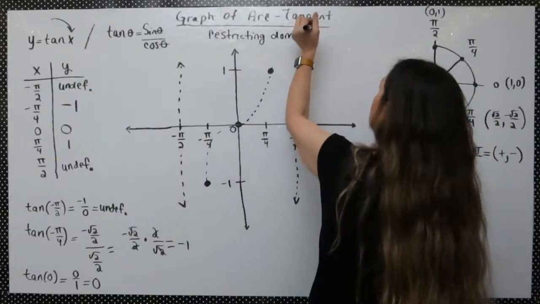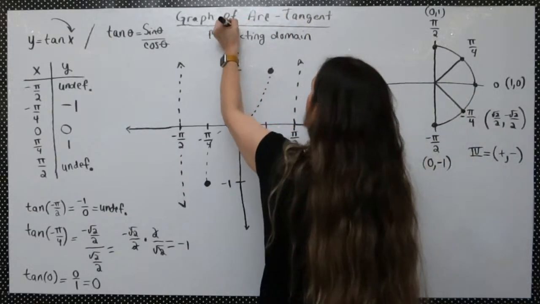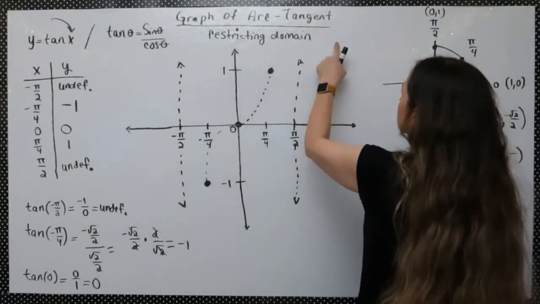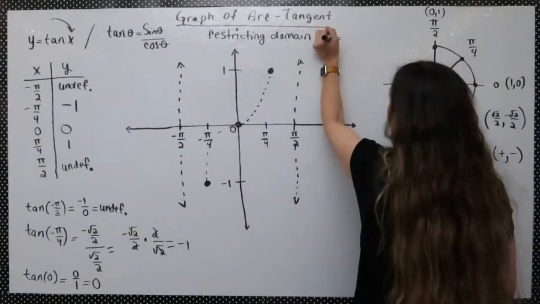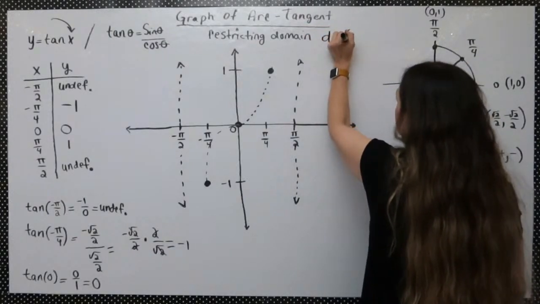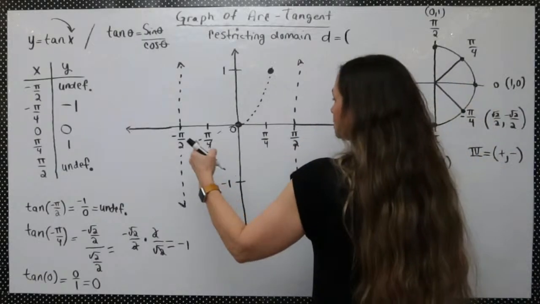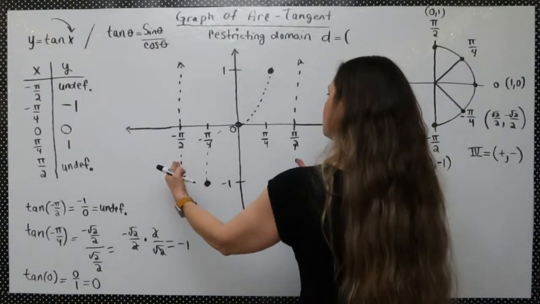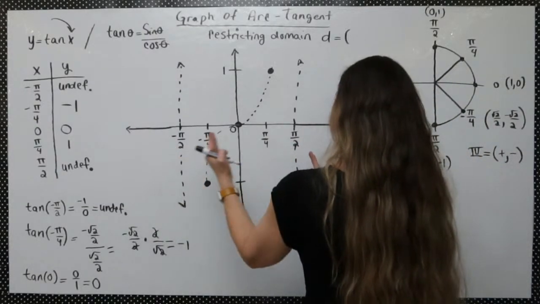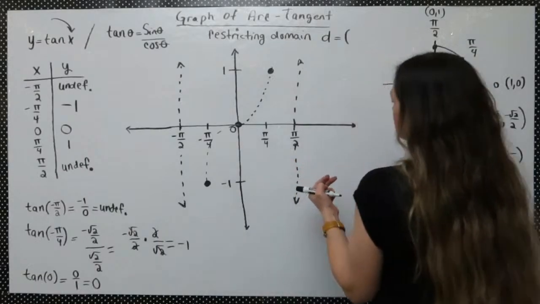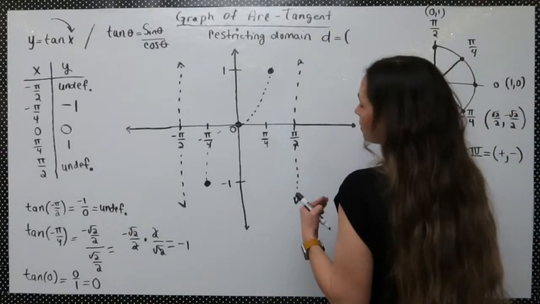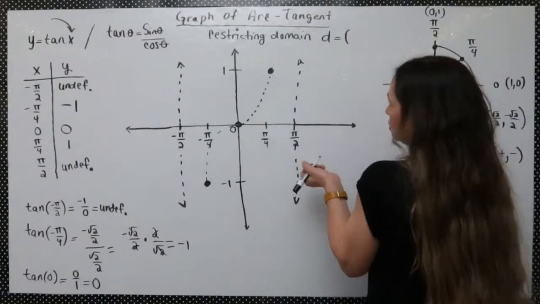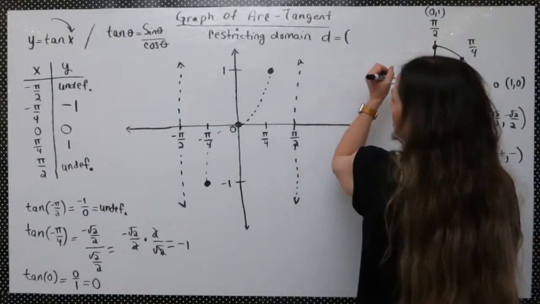So we're going to say the domain, and we're not going to use brackets. We're going to use parentheses this time because we're restricting the domain between the intervals negative pi over 2 and pi over 2. And since these are asymptotes, they're not actual points on the graph, then we're not going to include them in our graph, if that makes sense.